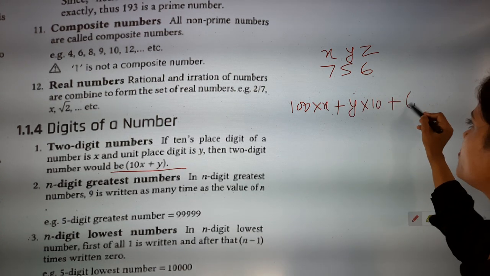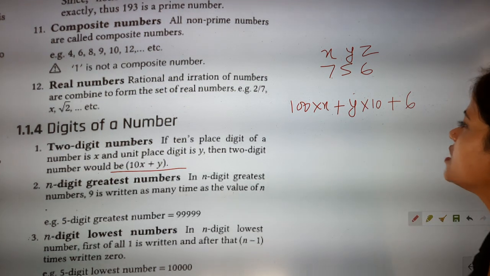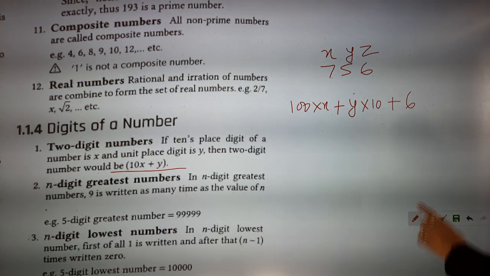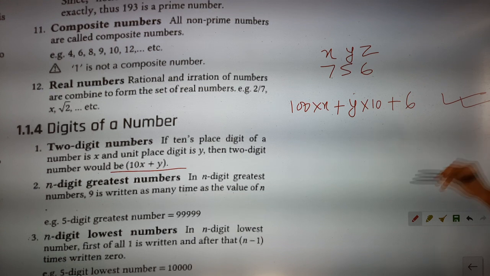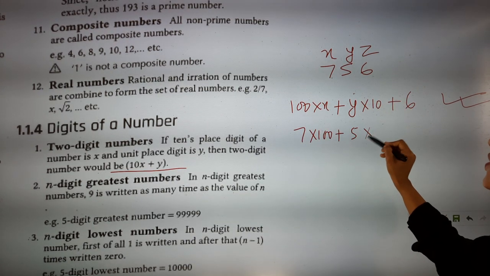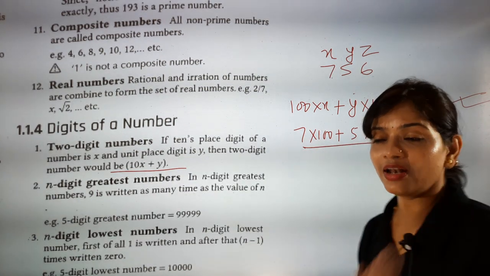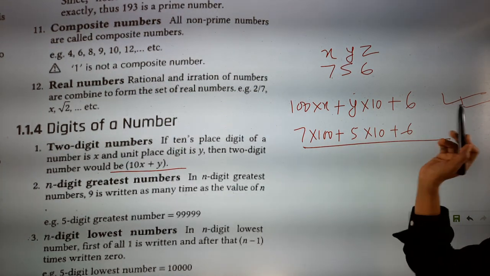And z is in the ones place, so z into 1. So it comes as 100x plus 10y plus z. Here it will become 7 into 100 plus 5 into 10 plus 6. So this is a way of representing a number. If n digits are there, it will continue in the same way.